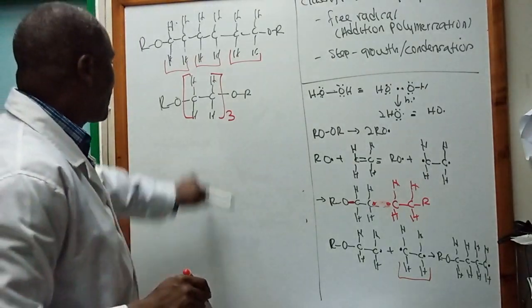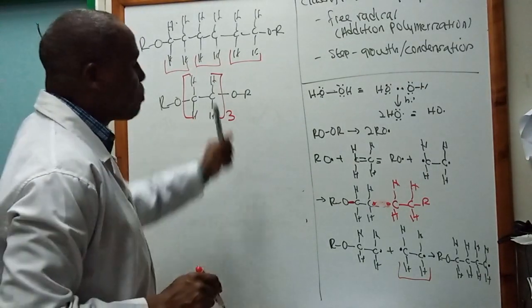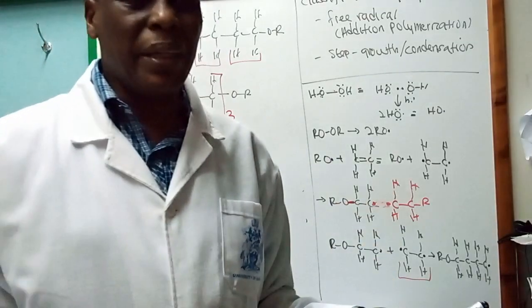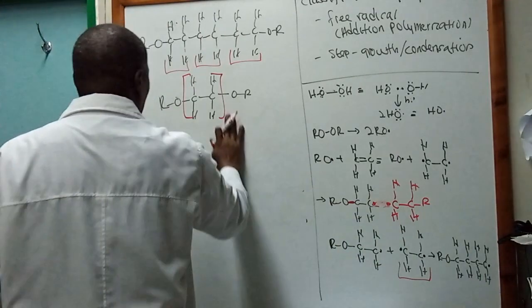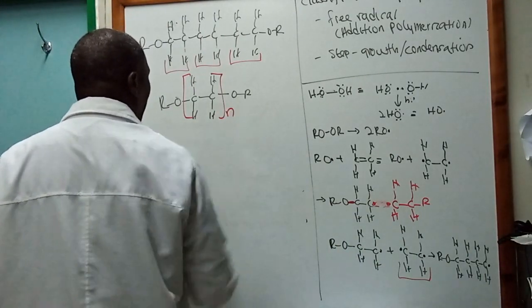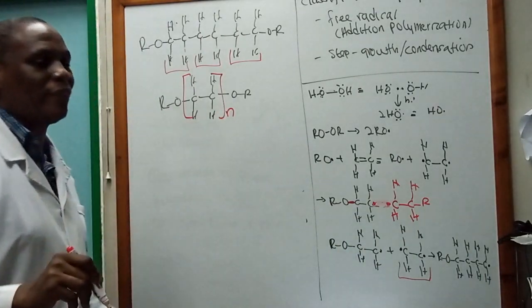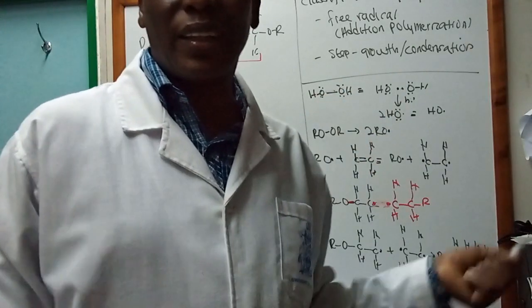But this repeating unit can be very long. So in this case, it can be put like an N, where N can even be 10,000, 100,000, and the rest.